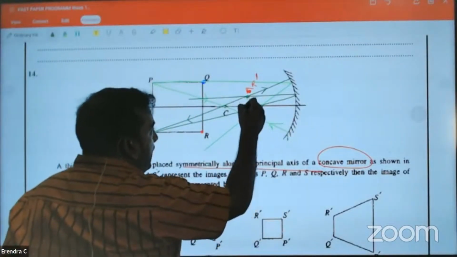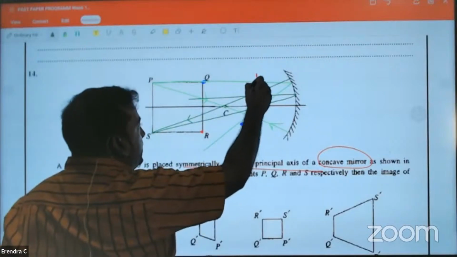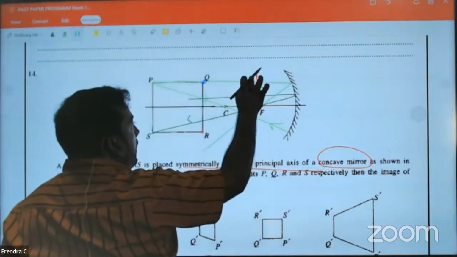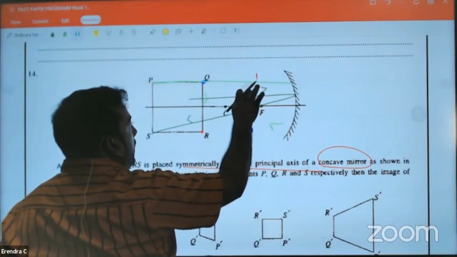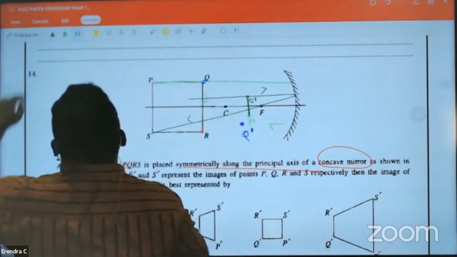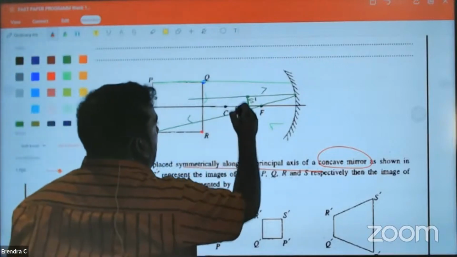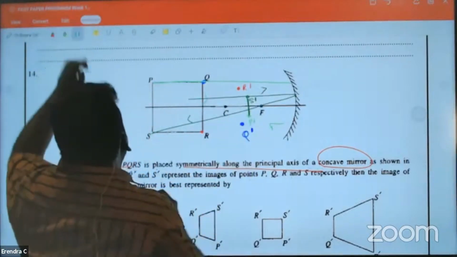P dash, S dash is smaller, you can see. I didn't draw this perfectly, but R dash is somewhere here. Let me erase the rays.